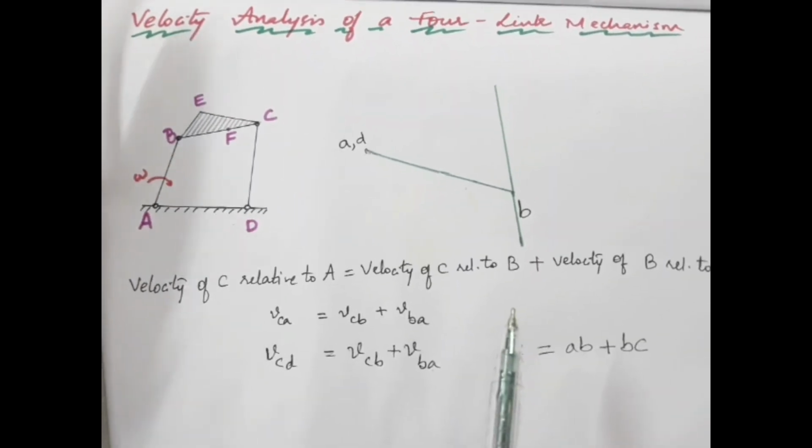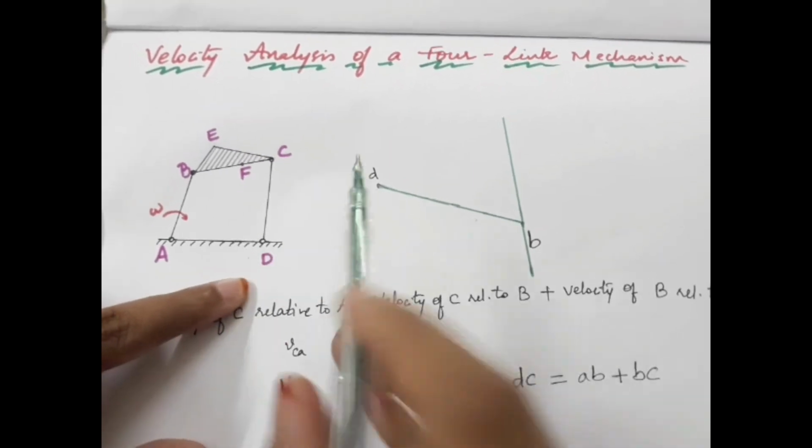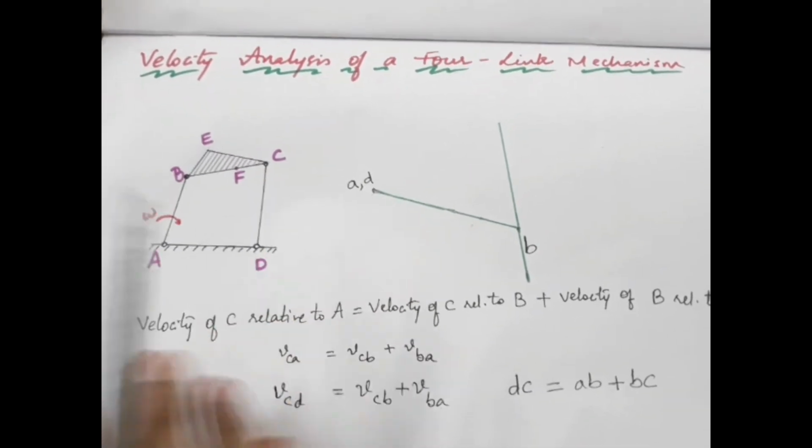Let us now draw a vector that shows the relative velocity of C and D. So D point is here, CD link is here.